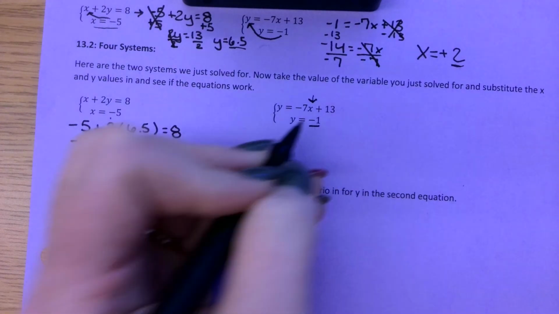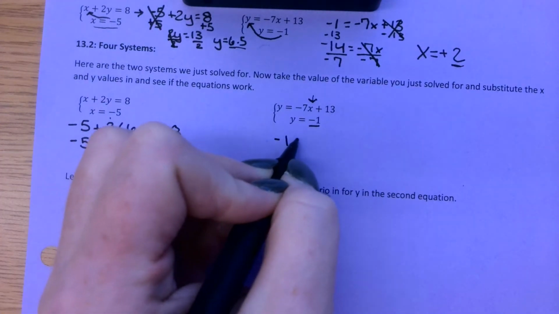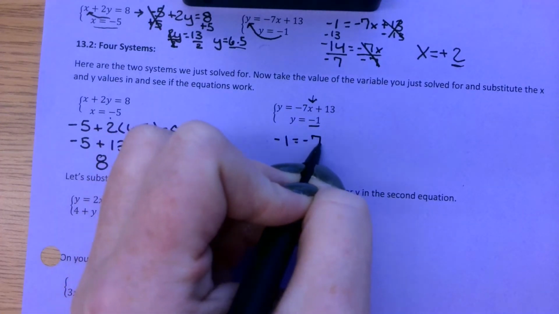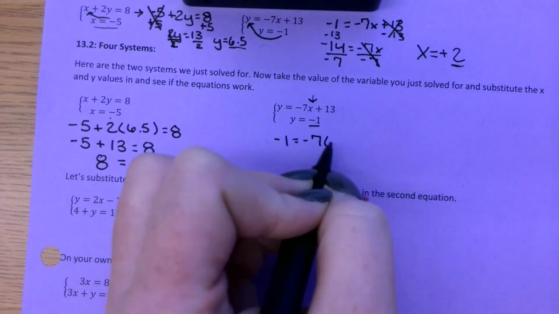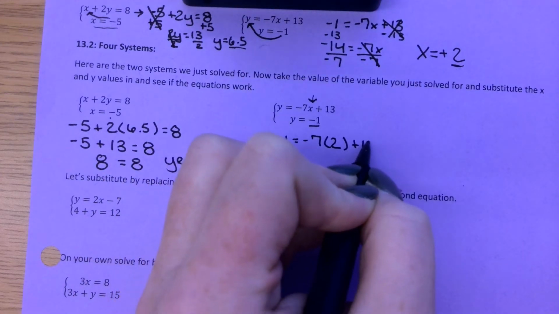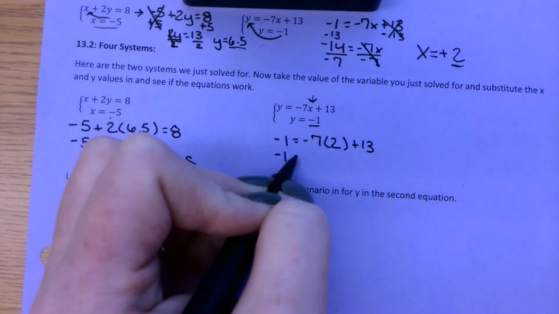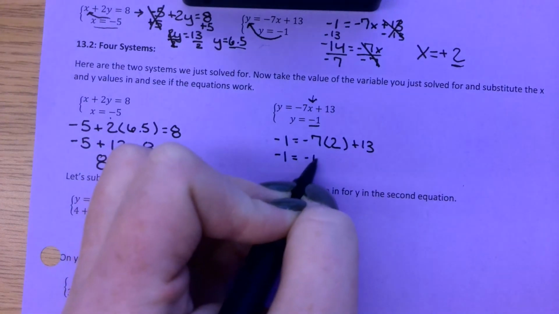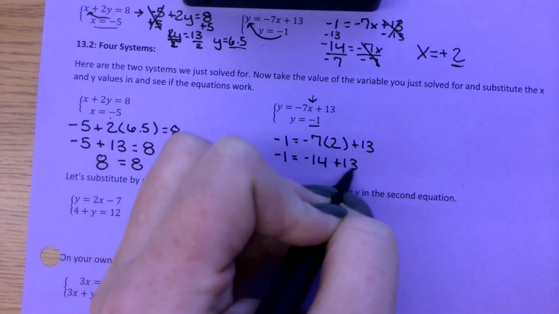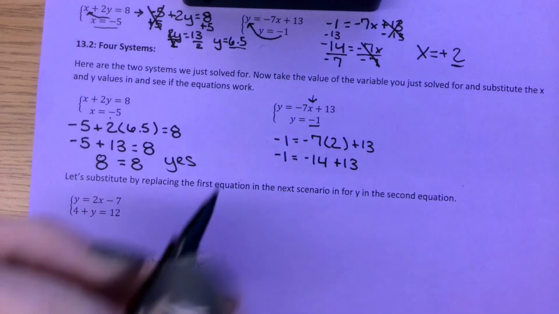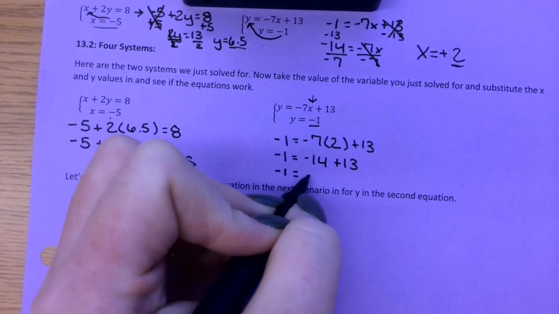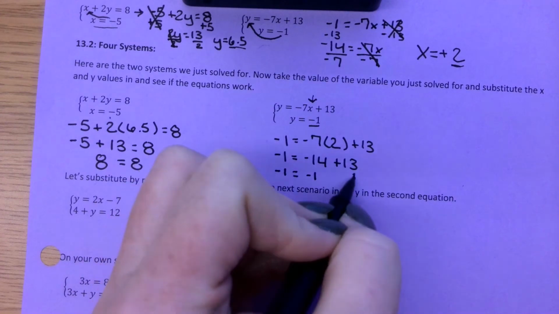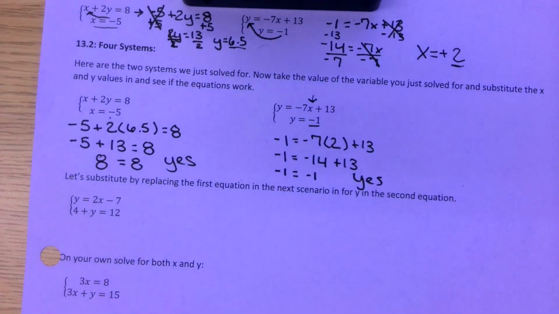So we know that y is -1, so -1 equals -7 times positive 2 plus 13. Bring down that -1 equals -14 plus 13. -14 plus 13 equals -1. So yes, they equal each other, they're a solution.